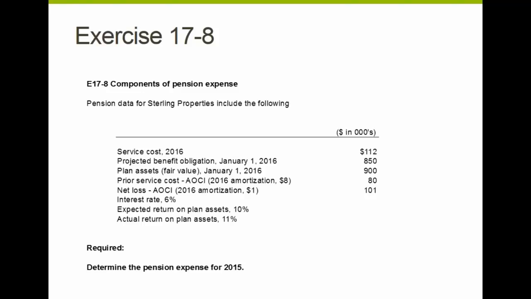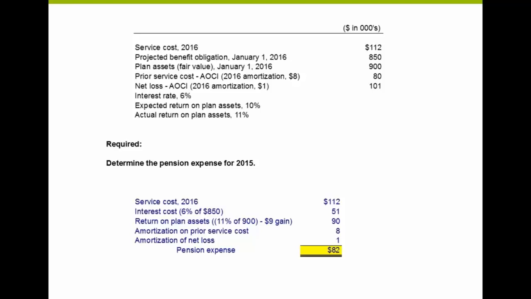Prior service costs in other comprehensive income of $80,000. $8 of this is amortized. The net loss is part of the other comprehensive income. We amortized $1 of this. Interest rate is 6%. Expected return 10%. Actual return 11%. Determine the pension expense for the year.